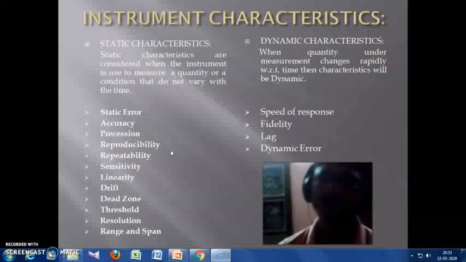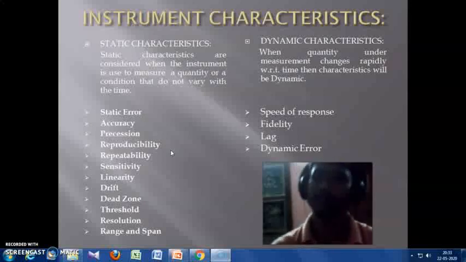So this scale gives us the maximum measuring value. Obviously the span and range should be high for a particular instrument, and the speed of response should be good so that the response is faster. And fidelity: we need good fidelity in an instrument, so that a replica of the input can be obtained in the output.